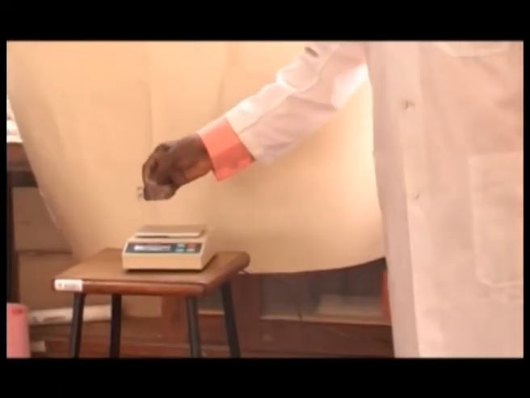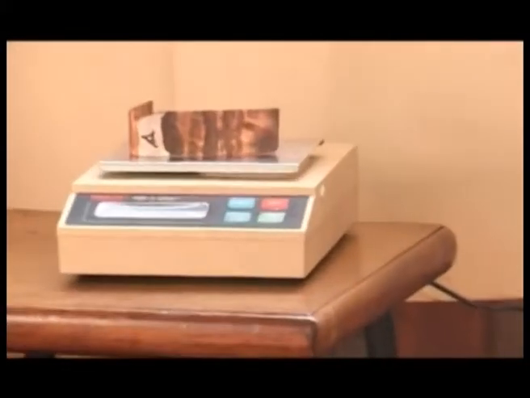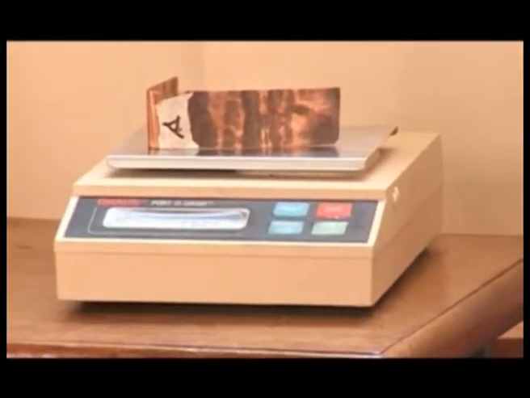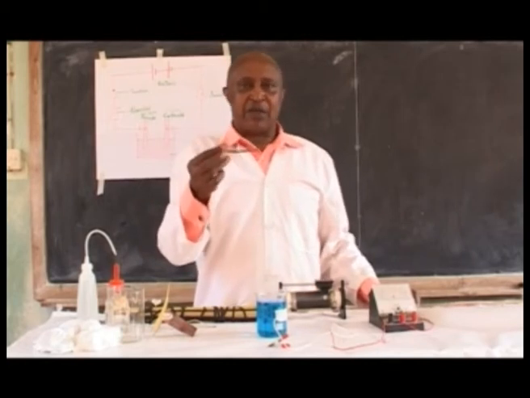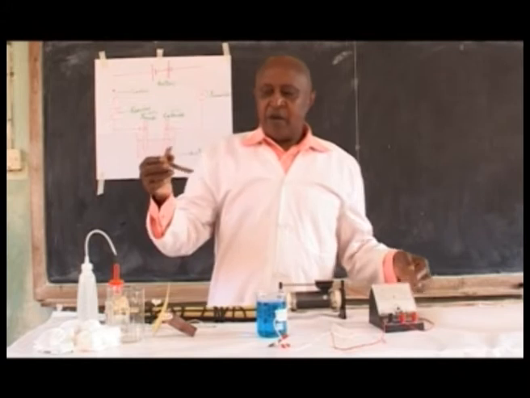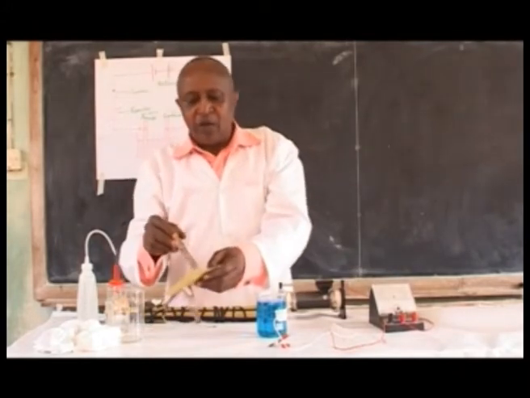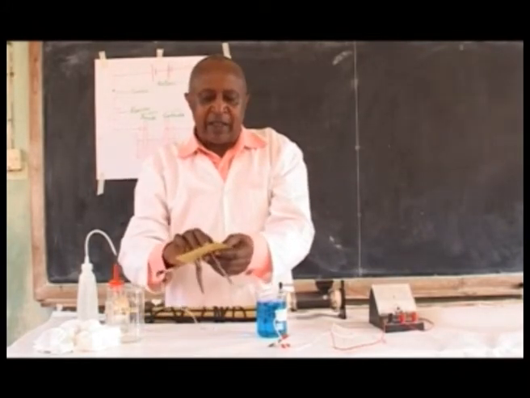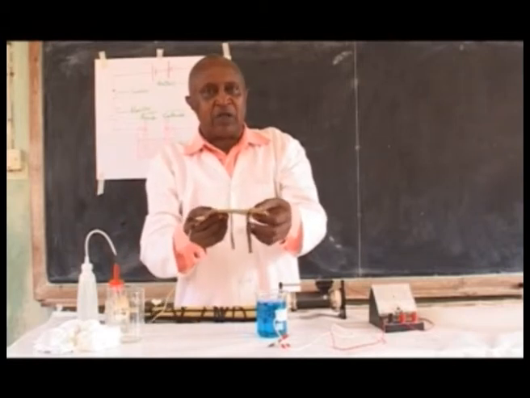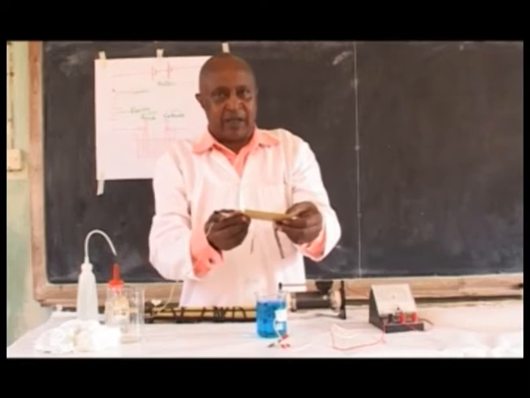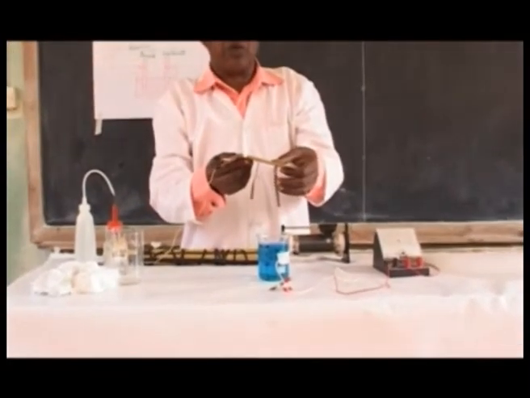Using the measuring balance, you can simply put the anode on the balance and take the initial mass. Having taken the initial mass of the anode, you will be ready to join this anode in the circuit and introduce both electrodes in the electrolyte, which is copper(II) sulfate.